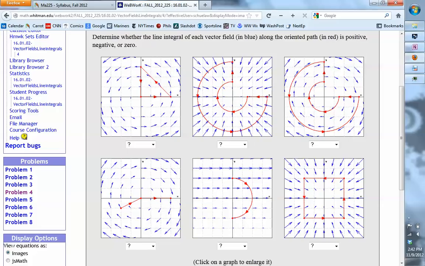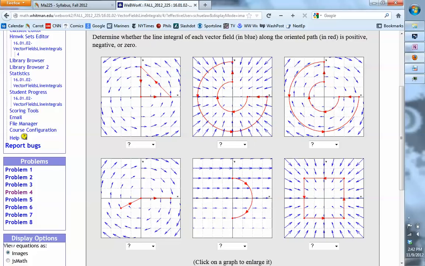Okay, so let's see here. This guy? Positive, because these two legs are 0, and this leg is positive. This guy, okay, so this whole arc is 0. That's positive. 0, negative.